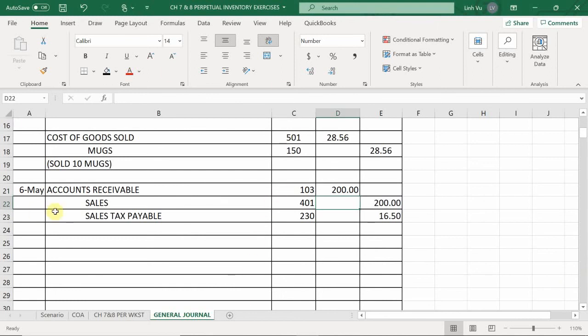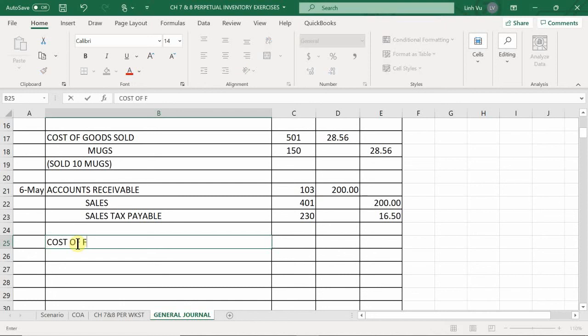Okay, so we made a sale. What else do we need to include? Cost of goods sold and the inventory. Cost of goods sold, and then the inventory.